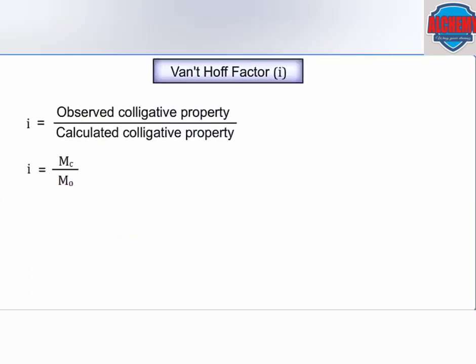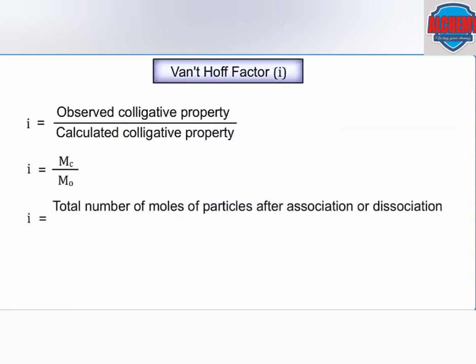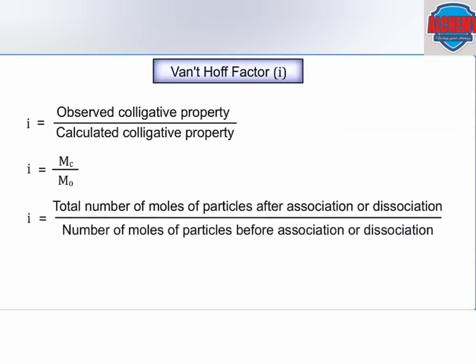The colligative properties also depend upon the number of solute particles present in the solution. Considering all these factors, the Van Hoff factor i can be defined as the total number of moles of particles after association or dissociation divided by total number of moles of particles before association or dissociation.